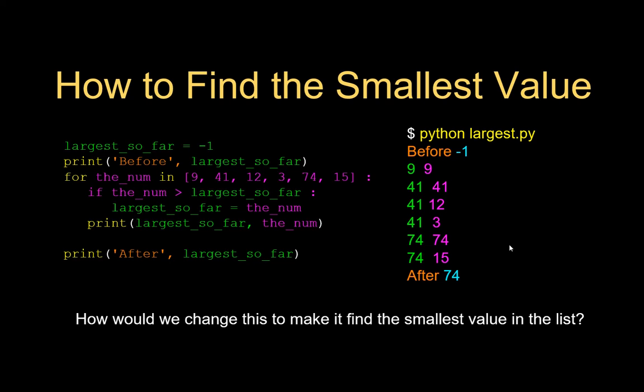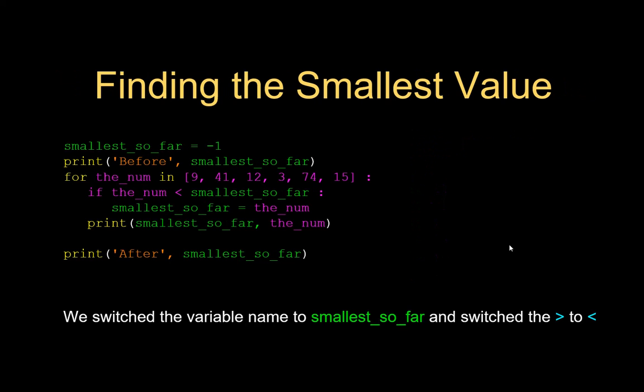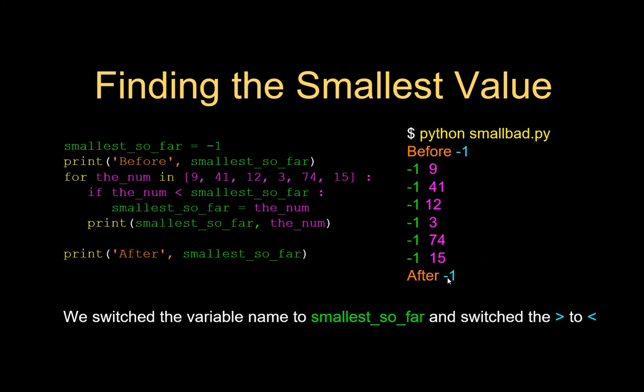We have to solve it differently from how we solved the largest number. So the way that we're going to solve it is not this way, this will not give us the desired outcome.